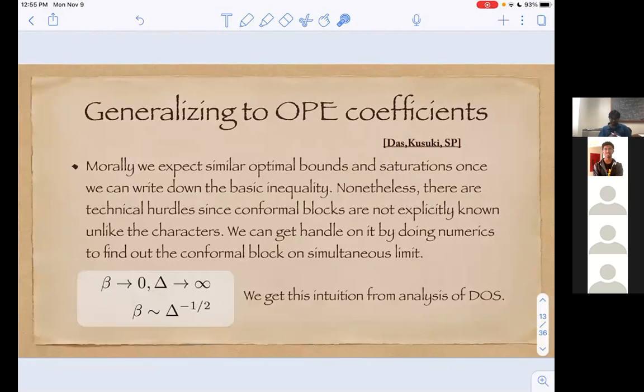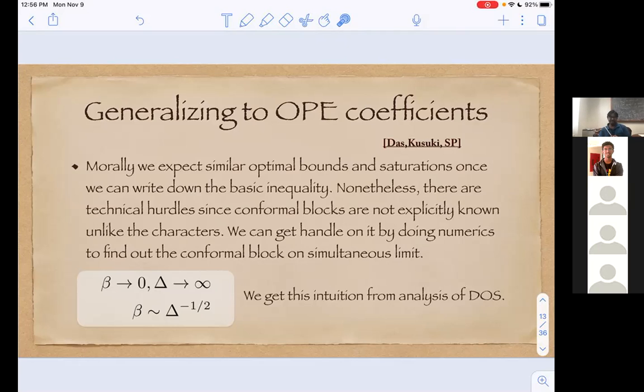So now one can generalize this to OPE coefficients. Morally, we expect similar bounds and saturations once we can write down the basic inequality. The results for these OPE coefficients were kind of expected, but there are technical hurdles, because when we are thinking about Virasoro primaries and density of states, there was an important input that the characters for c greater than 1 CFTs are universal.